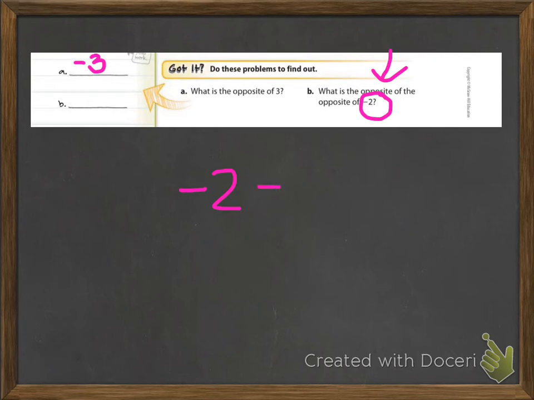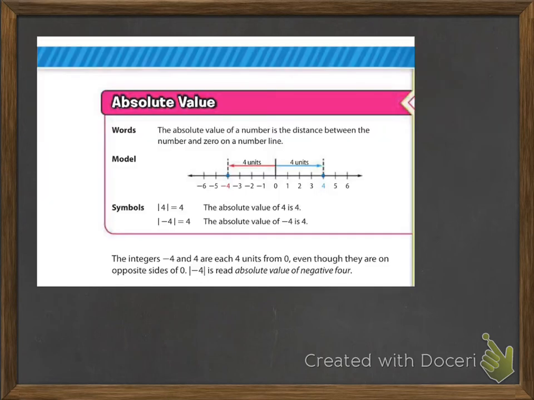The opposite of negative 2 is positive 2. But then it wants the opposite of that guy. So then we're right back where we started, negative 2. Hopefully that didn't trick you because it said the opposite of negative 2. I always like to take it one step at a time when it gives me questions like that.